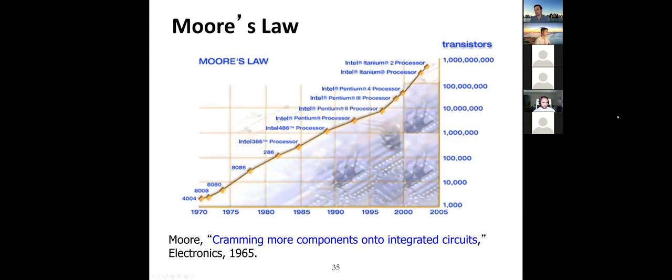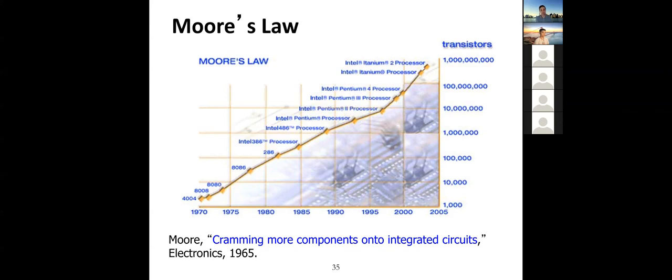Okay, let's now talk about multicores. We'll start with the very famous Moore's law. For a long time, our community was pushing the needle by just putting more components onto the circuits within the same area and a similar power budget.